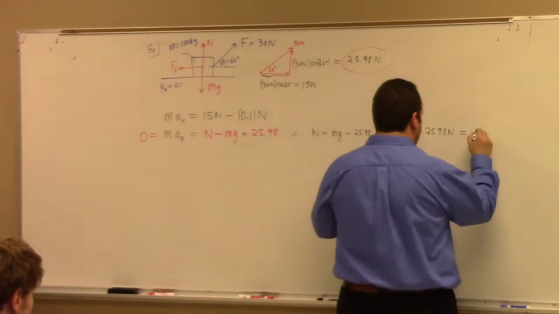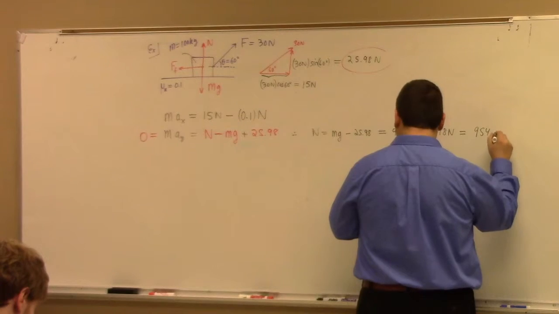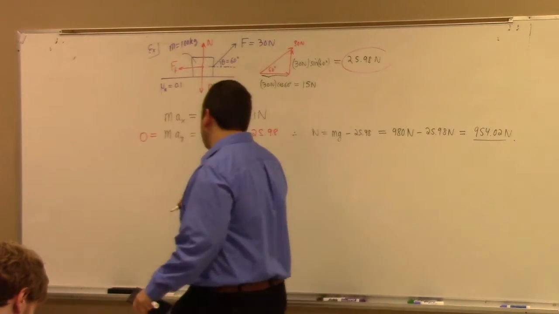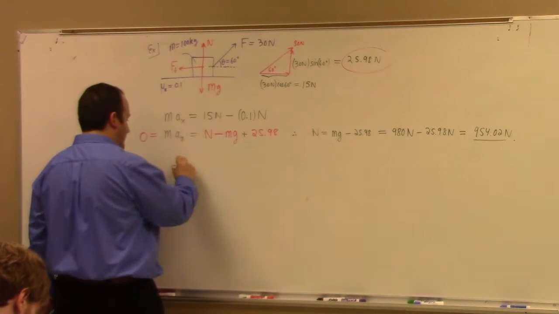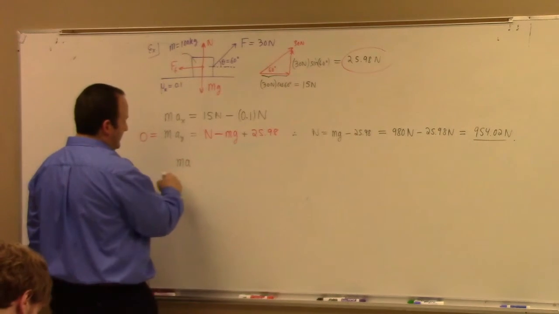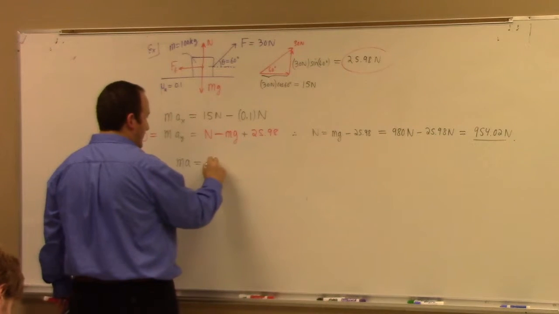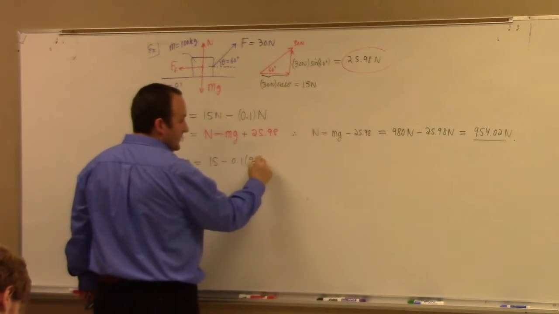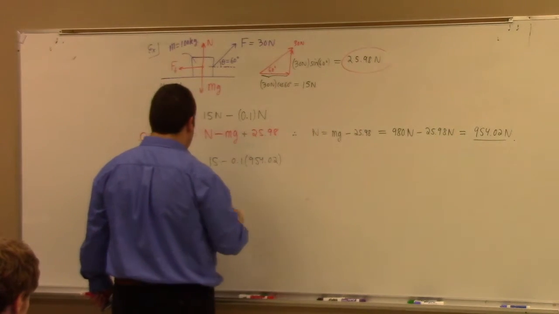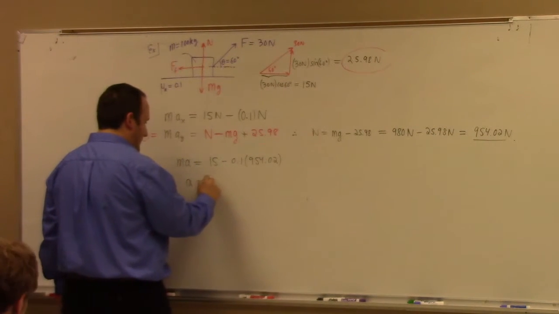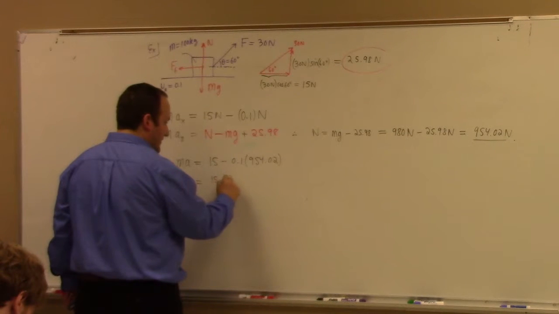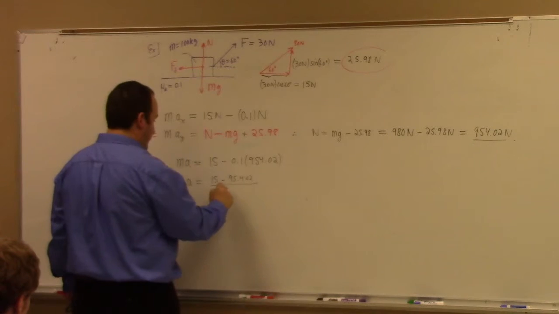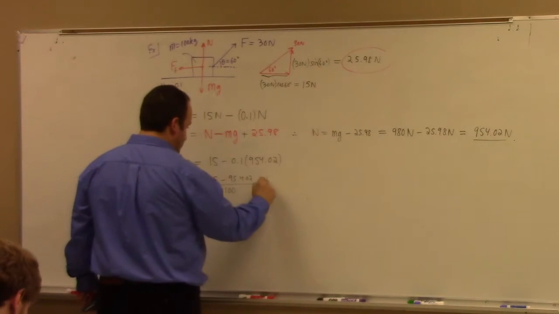Stupid fraction. 954.02 newtons. So what we have then is that mass times the acceleration is equal to 15 minus 0.1 times 954.02 newtons. In other words, the acceleration is equal to 15 minus 95.402 divided by 100 meters per second squared.